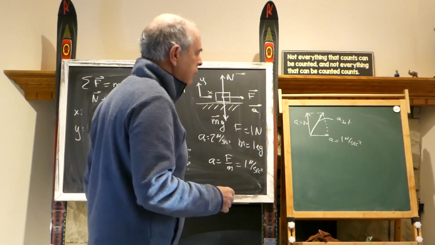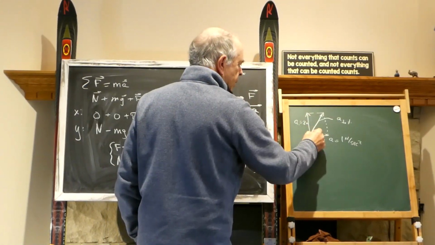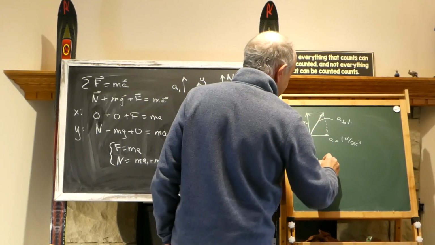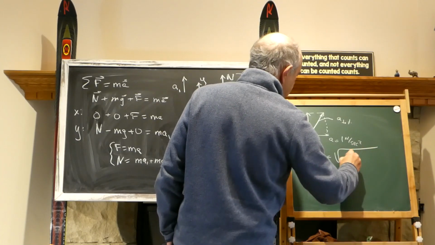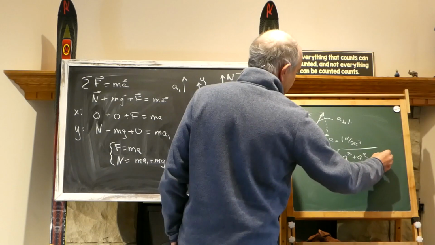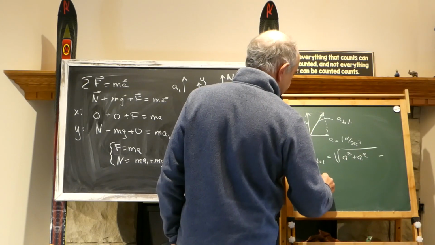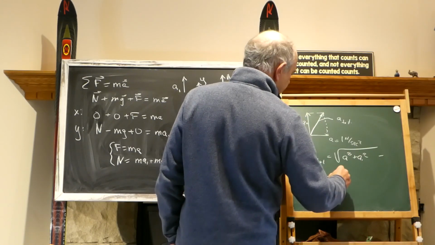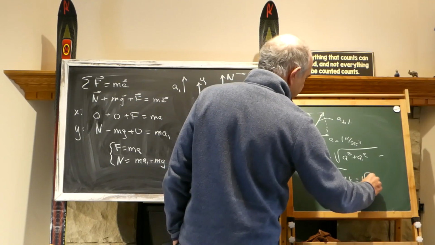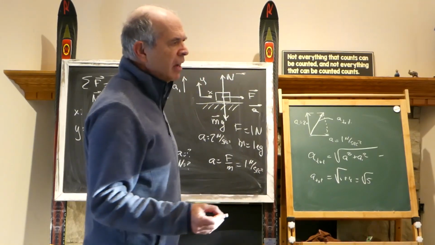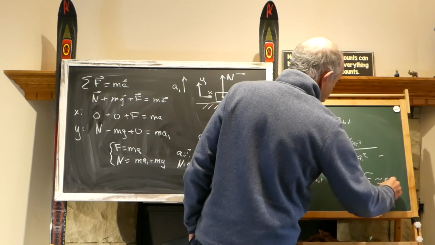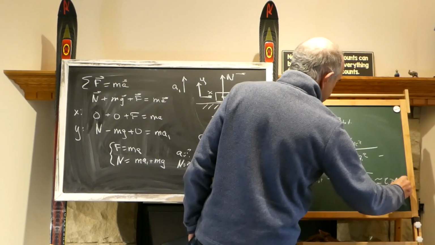And a total is the hypotenuse in this triangle, so a total equals the square root of a squared plus a1 squared. If we plug the numbers in, 1 plus 4, square root of 5, which is about 2.3 meters per second squared.